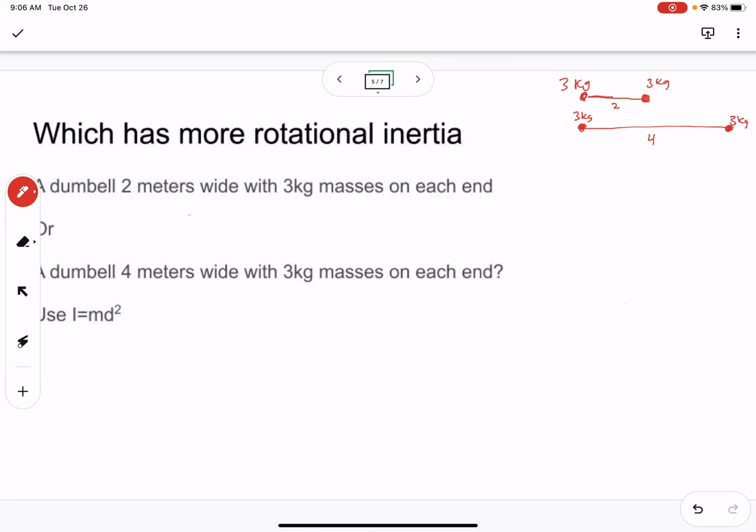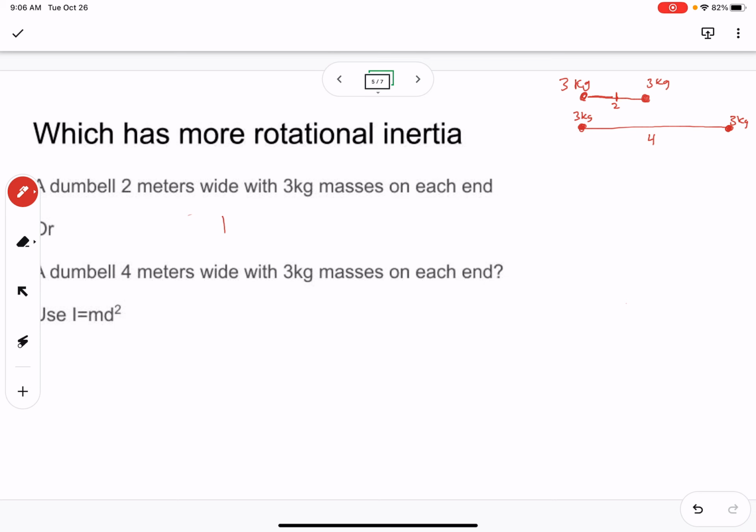All right. So we've got 3 kilograms and we've got 2 meters wide. So let's look at that. Our radius from the halfway point is going to be 1.